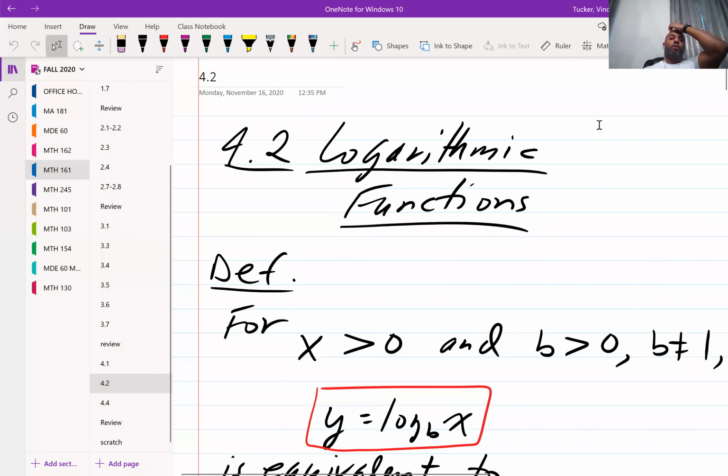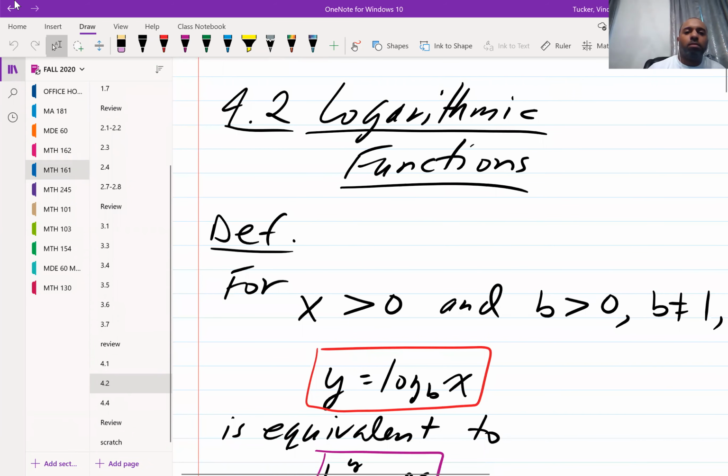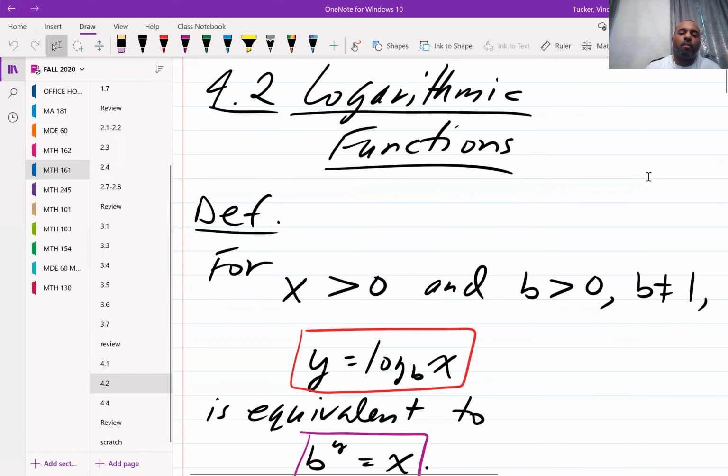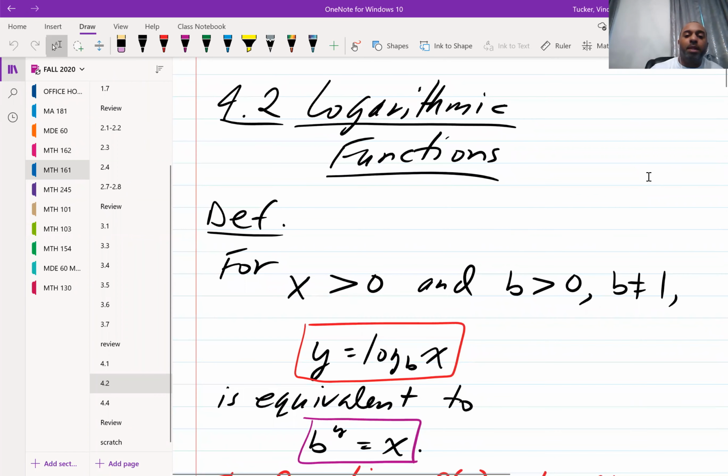All right, so 4.2, logarithmic functions. So we have y is equal to log base b of x.